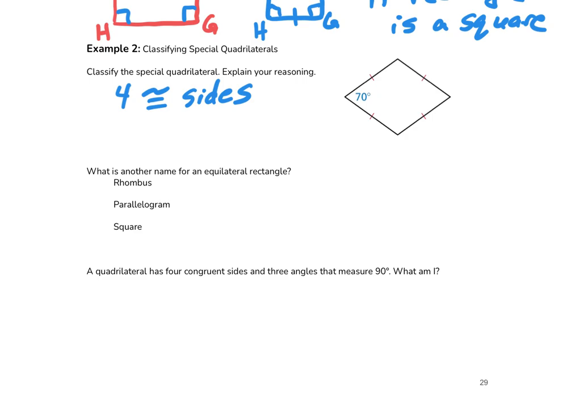If this is 70, then we don't know if this is a parallelogram. So immediately we're not sure if this is even 70, right? Because it doesn't tell me it's a parallelogram. But think about what we just talked about a figure, then the best way I can name this is a rhombus.